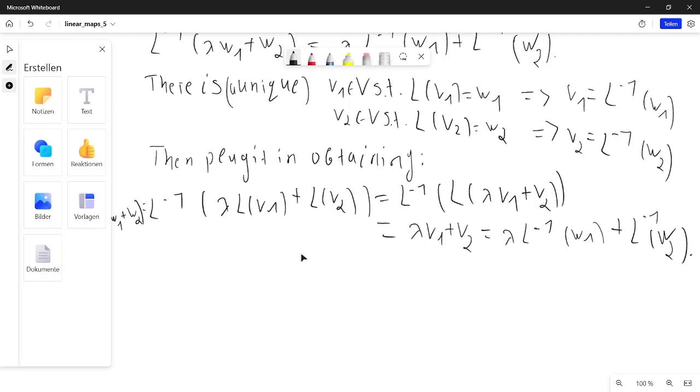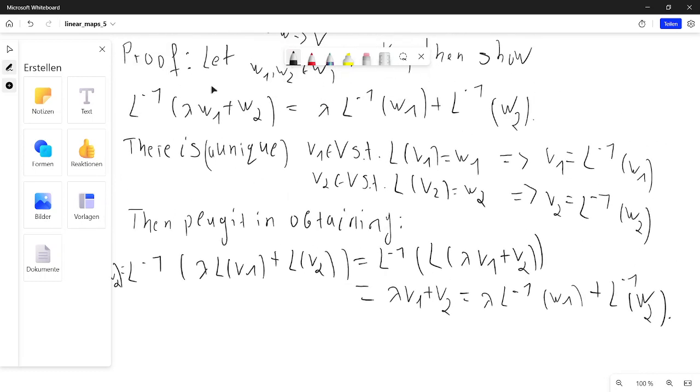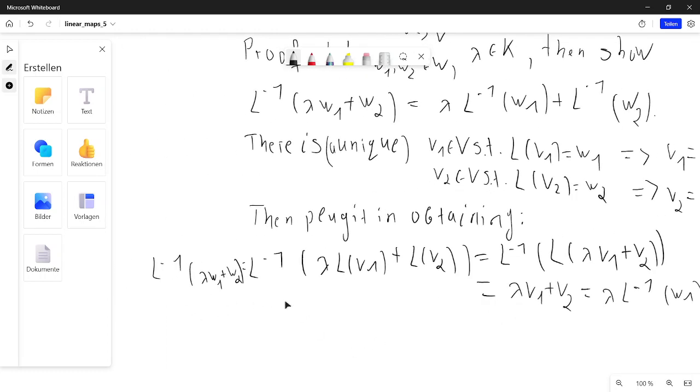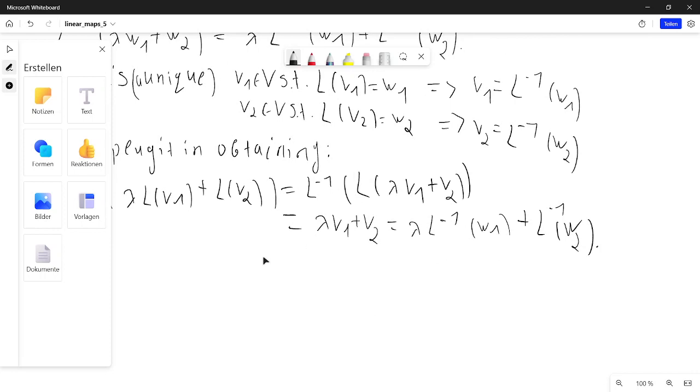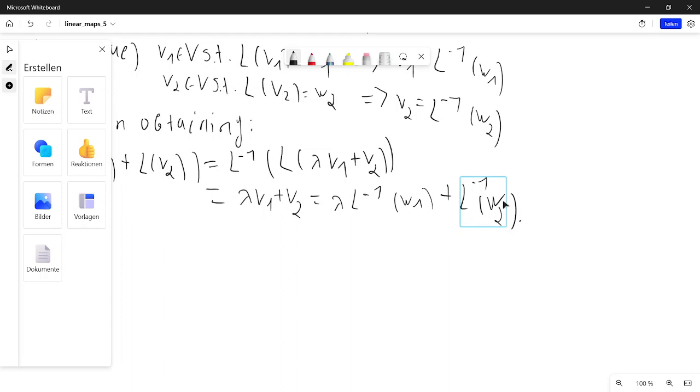So we have shown exactly what we wanted for the linearity of this map. Compare this with this: this is equal to this. That shows the linearity of the inverse map of a linear map.